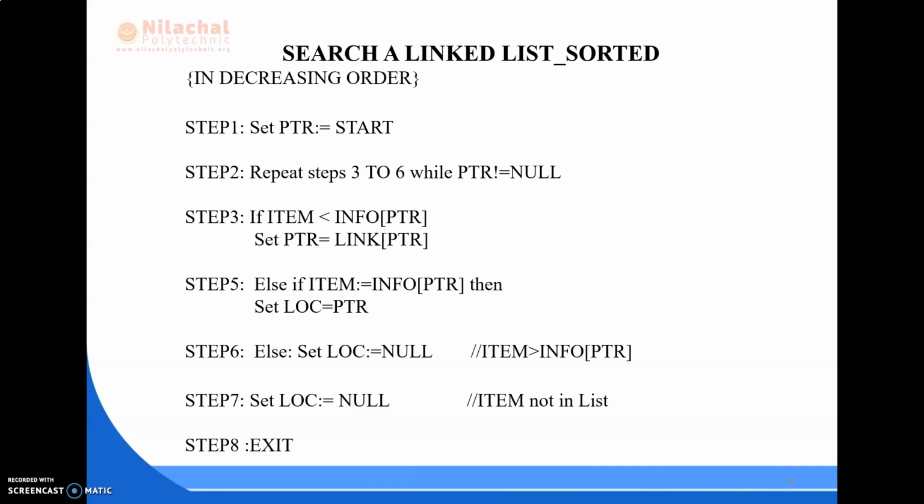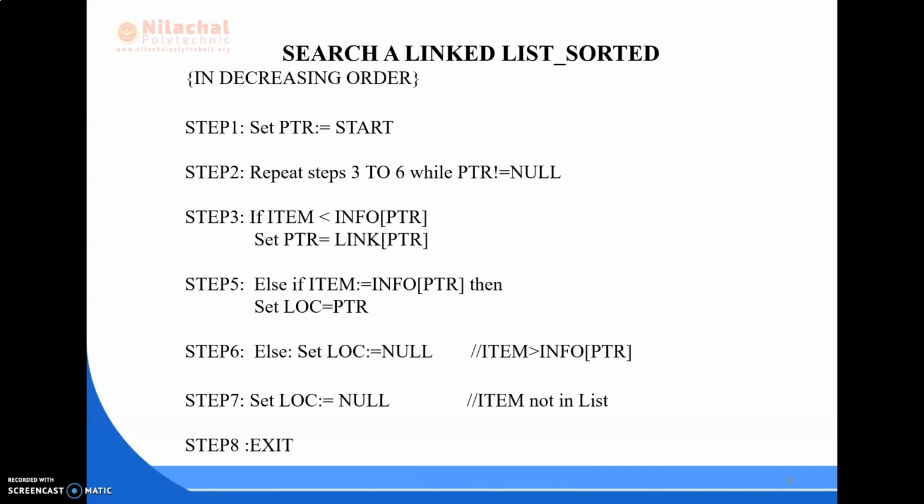Step 3 says if the item is less than the info of PTR, then what are we going to do? That means we will be moving forward and searching for the item as it is in decreasing order. So we will set PTR equal to link PTR.